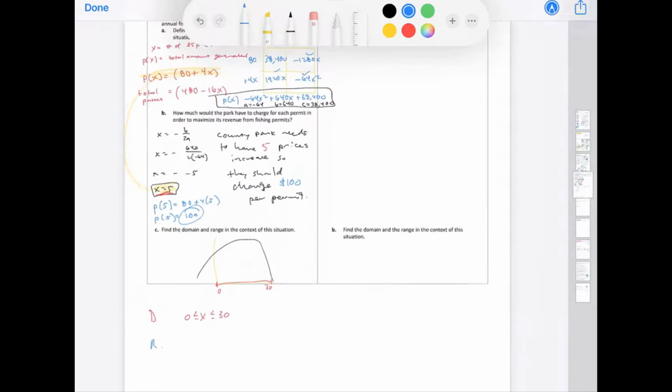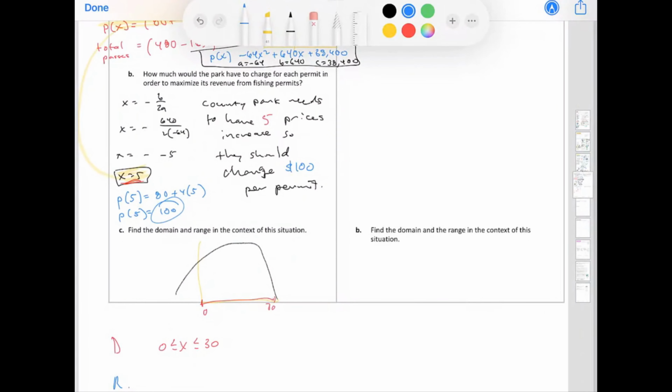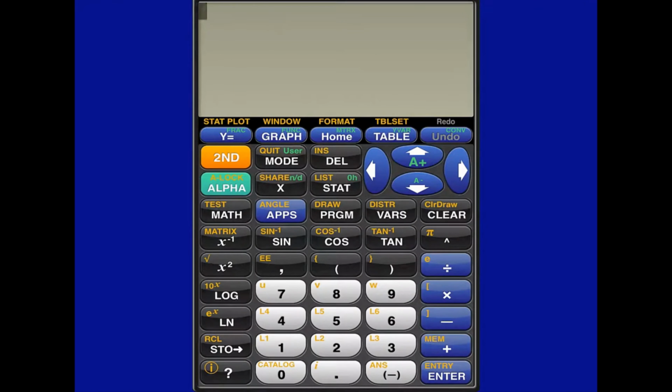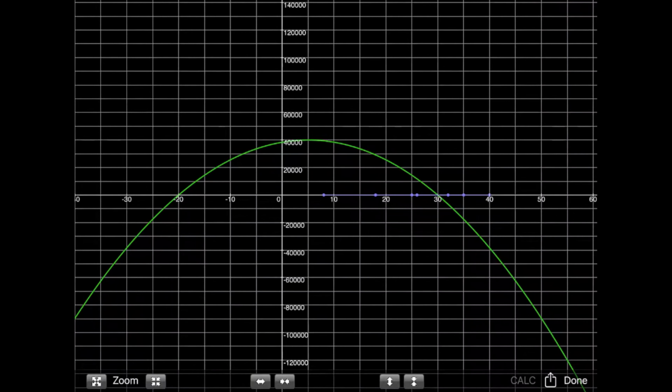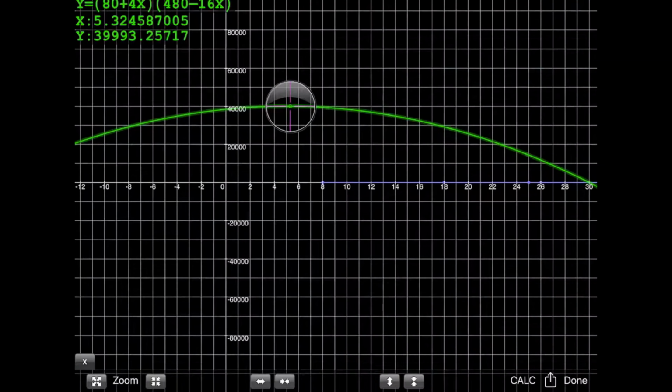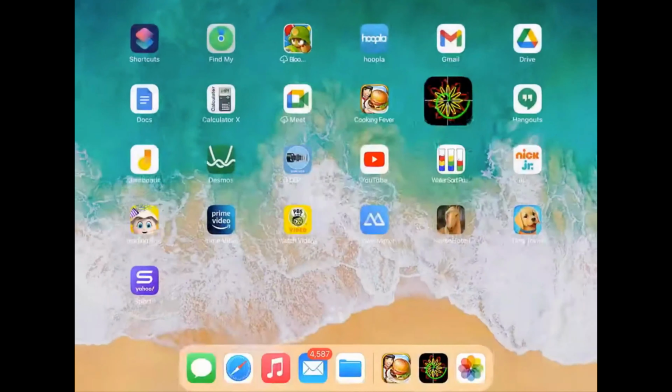if you put in 5 into the whole function, let's go back to our graph. You could just substitute in 5 into that number, graph, and here's 5. Even highlights it in red that 5, 40,000.